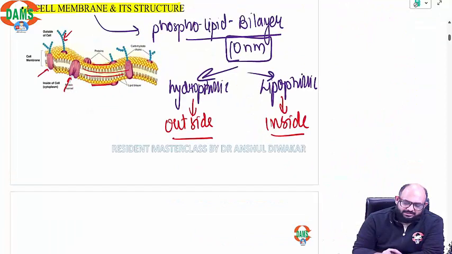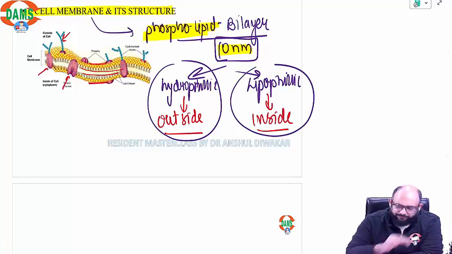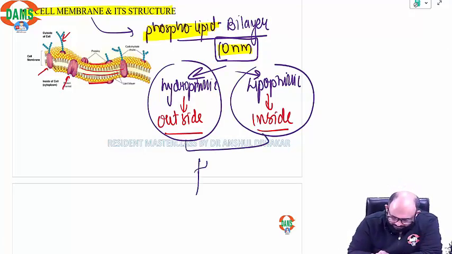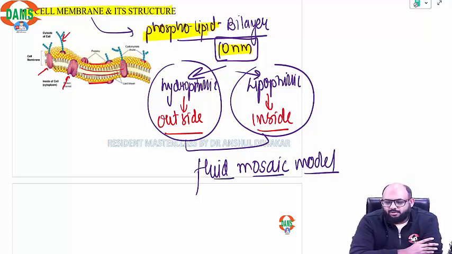So it's a lipid bilayer made up of phospholipid, 10 nanometer thick. Hydrophilic is on the outside, lipophilic is on the inside. This is called the fluid mosaic model.